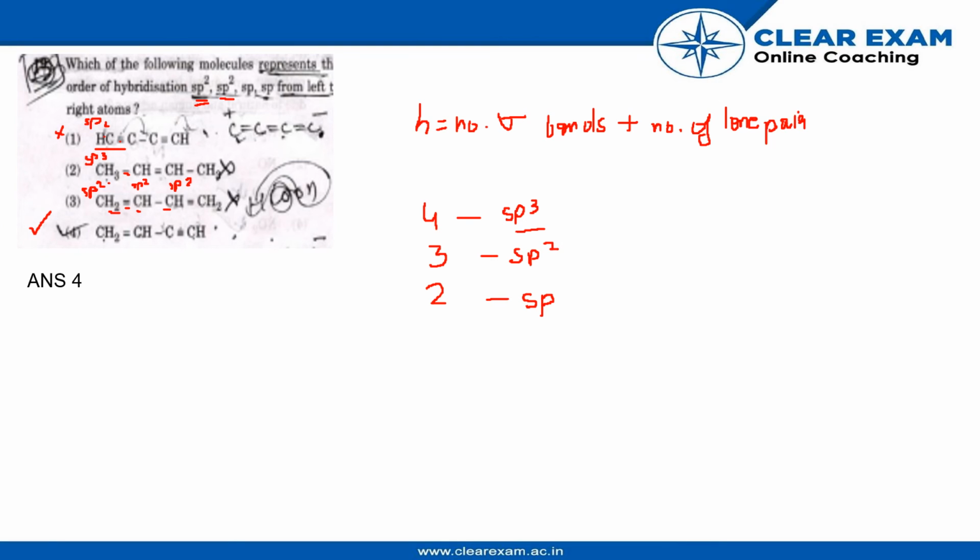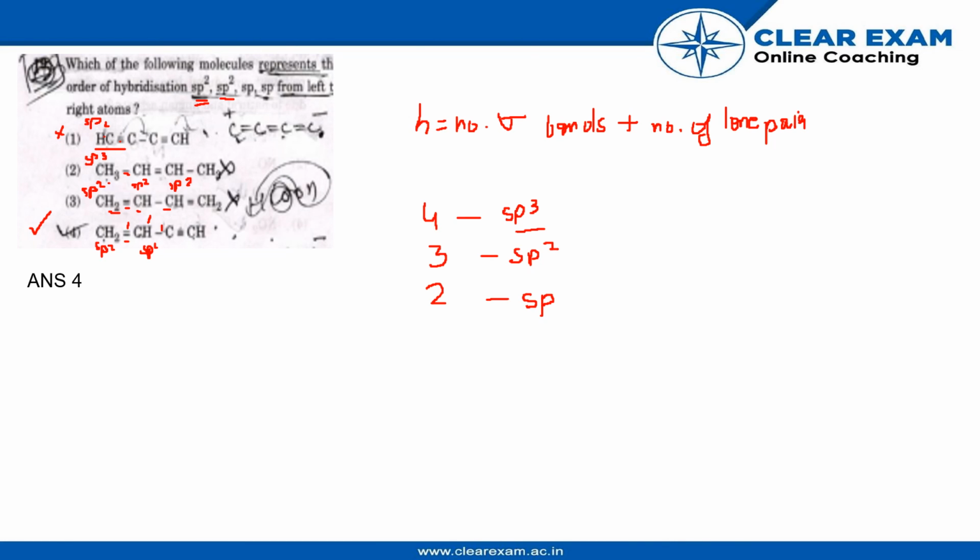Let's calculate for CH2, carbons 1, 2 and 3. The first will be sp2, and then on the second carbon atom, one sigma bond with H, one with this, and one with C, so it will also be sp2.